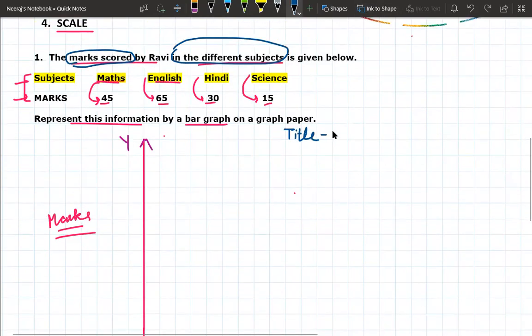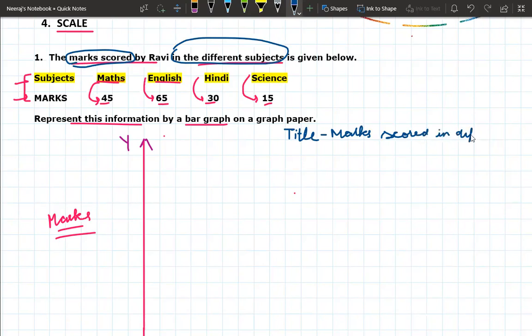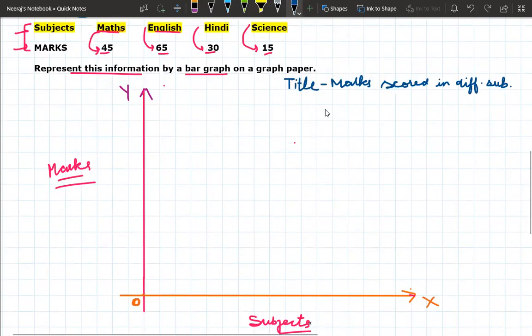Title is marks scored in different subjects. I'm writing DIFF, that is different, and the short form of subject is subjects, right? So this is the title, marks scored in different subjects. This is my title of the graph.